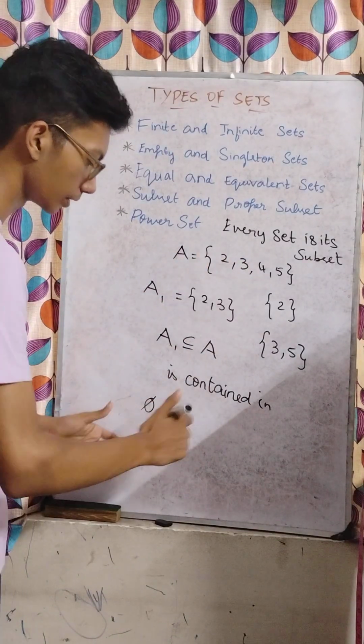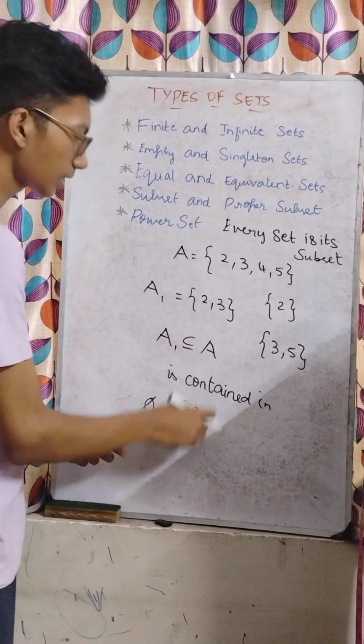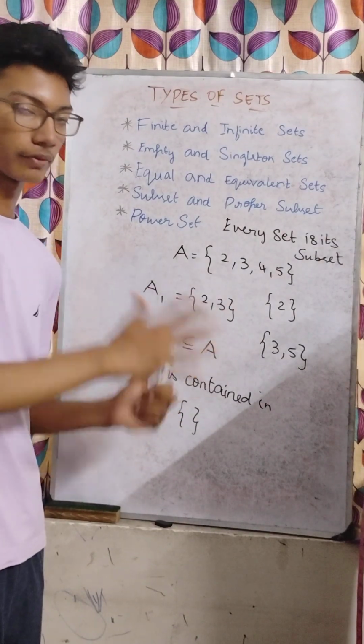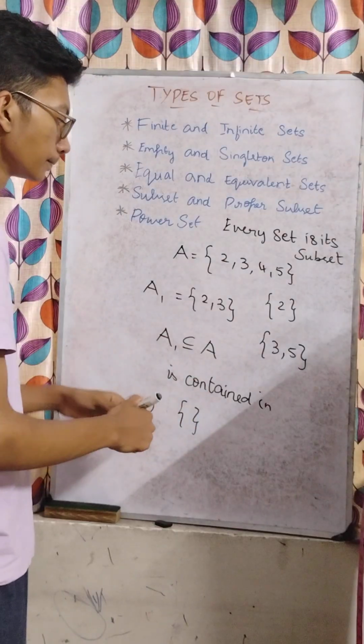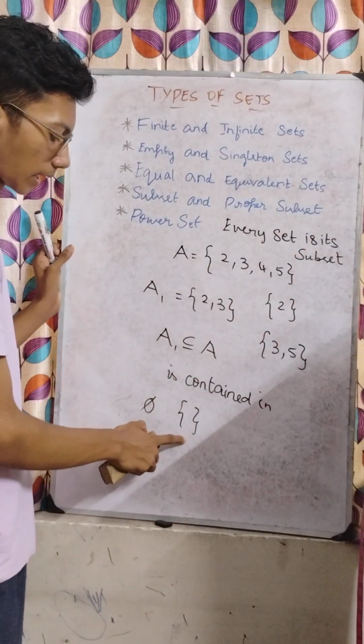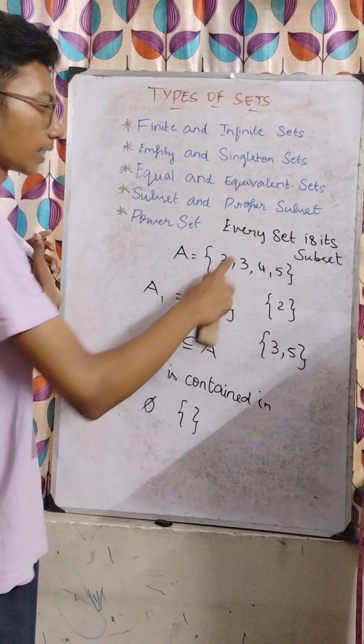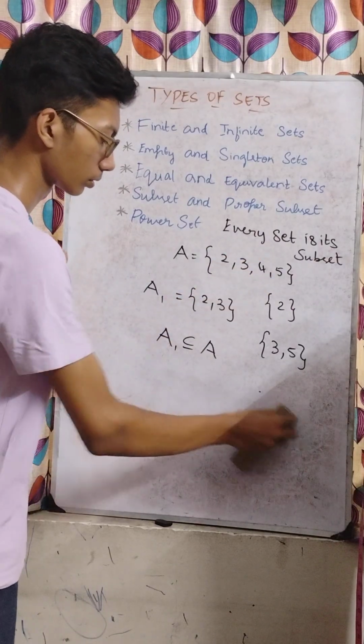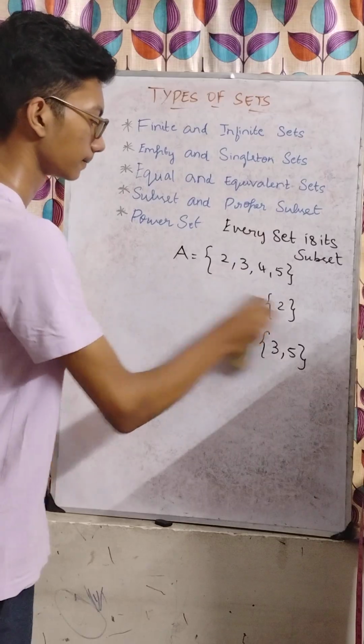So we can just have the empty set. This is a subset of this. So an empty set is a subset of every set, and every set is its own subset. Those are two important things you have to keep in mind.